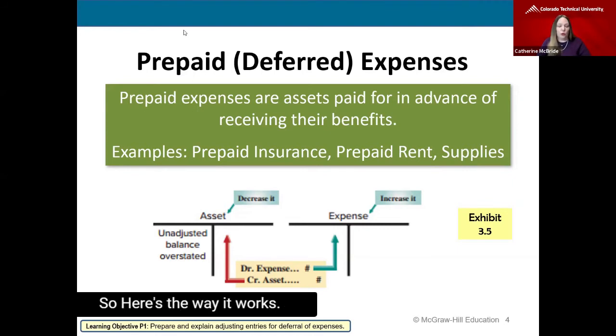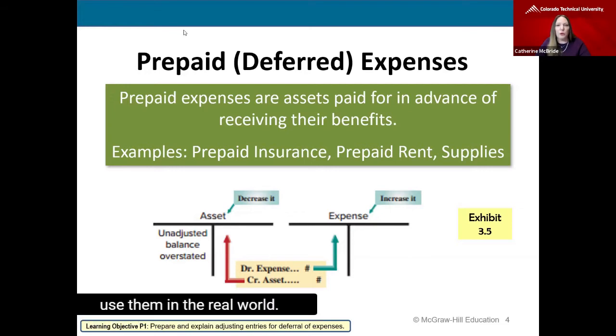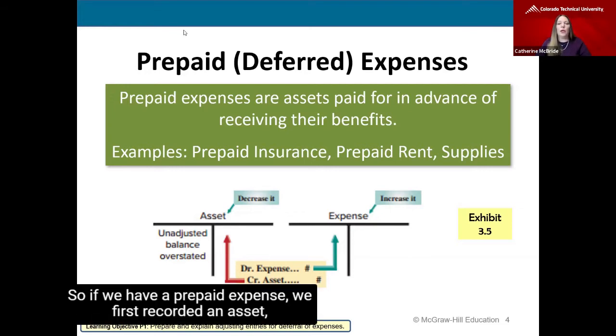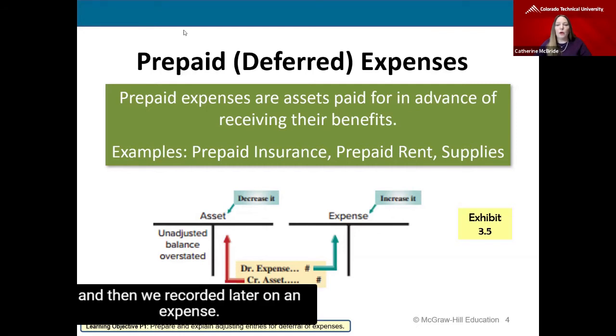So here's the way it works. And this is where I said, now you're going to use T accounts to see the flow of dollars and cents, which is how we really use them in the real world. So if we have a prepaid expense, we first recorded an asset, and then we recorded later on an expense.